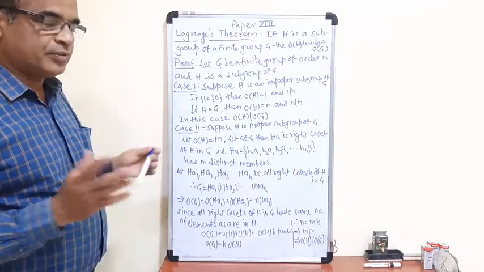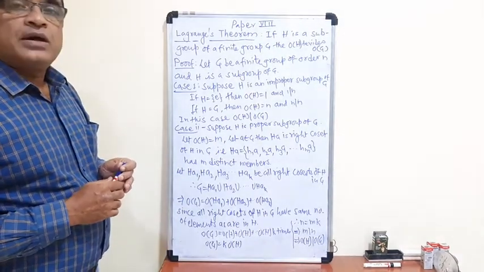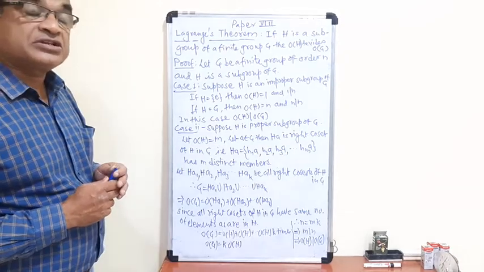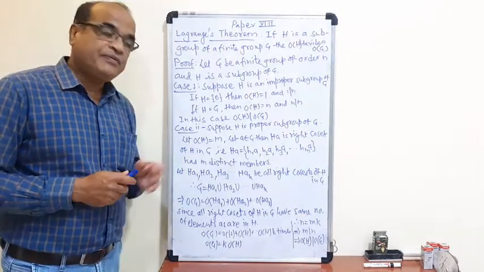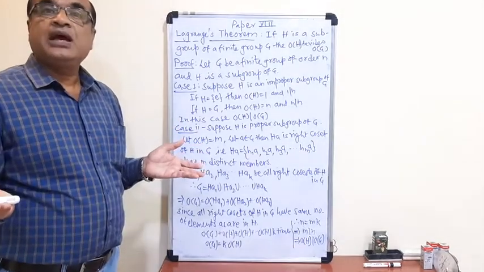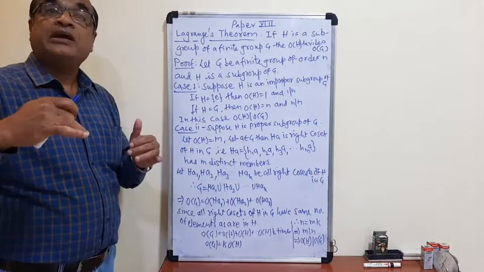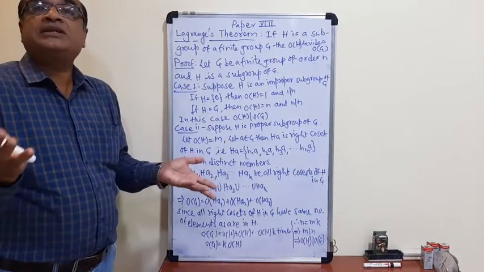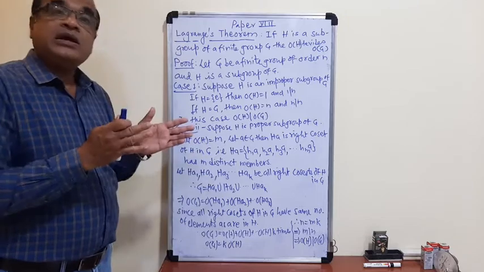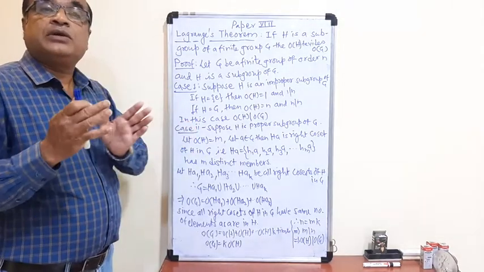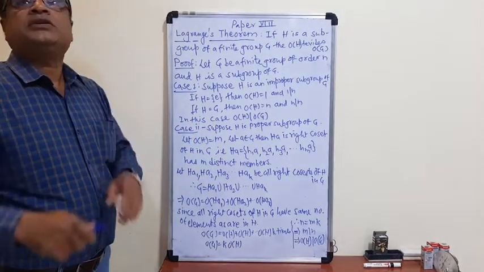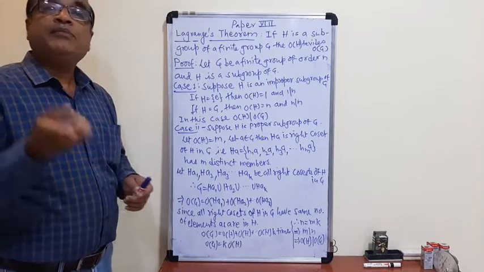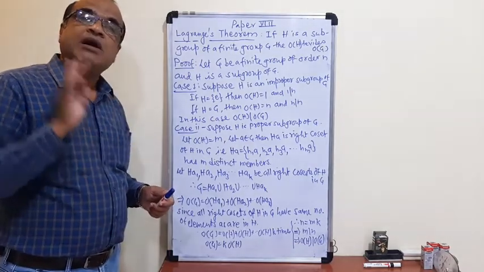Then what is the next axiom? That is the fourth property: the existence of inverse. If a is an element of G, then there exists another element b of G such that ab is equal to ba is equal to e. Then b is called the inverse of a.